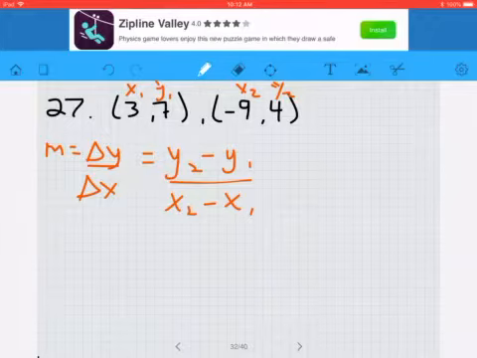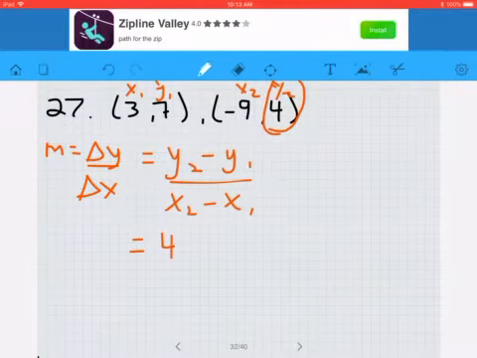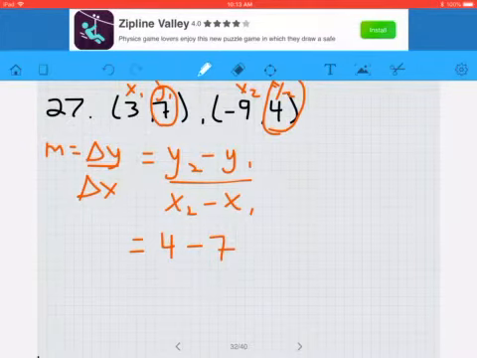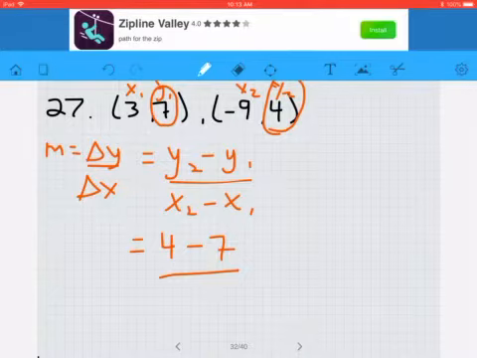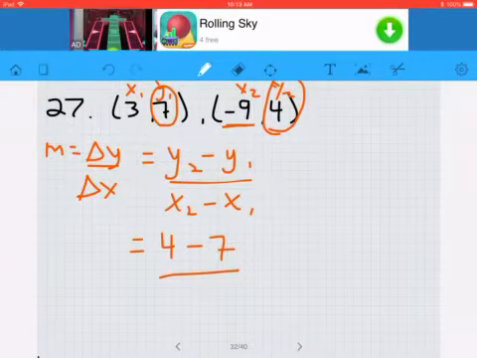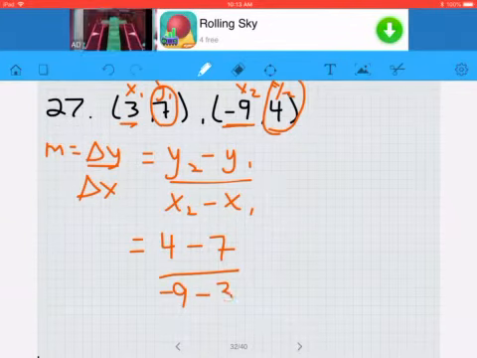Let's plug this into our formula. Y2 is 4, so I'm going to do 4 minus y1, which is 7. Then x2 is negative 9 minus x1, which is 3.